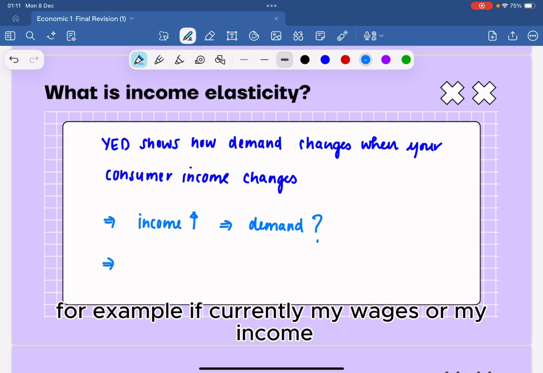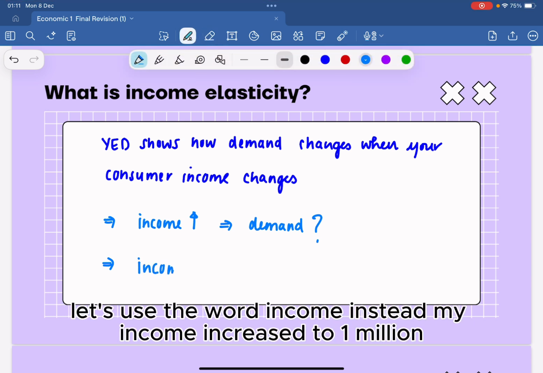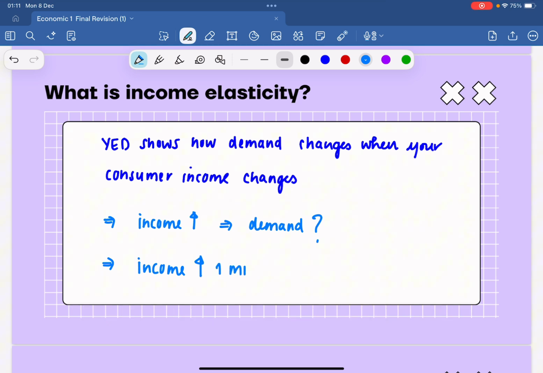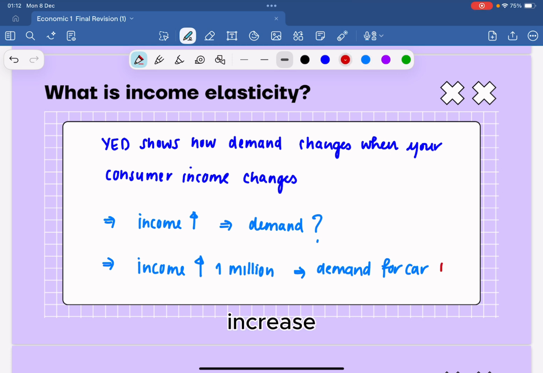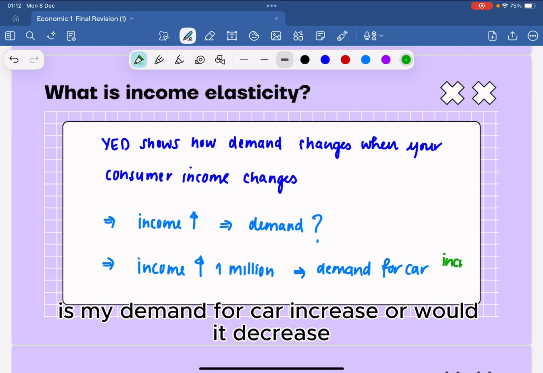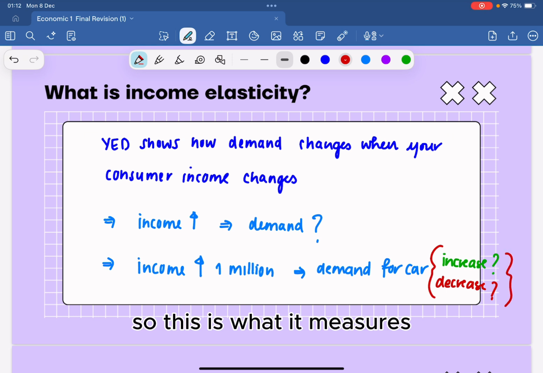For example, if currently my income increased to 1 million, would my demand for a car, as an example, increase? Is my demand for a car increase or would it decrease? So this is what it measures.